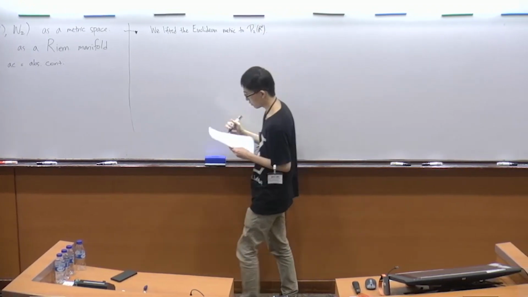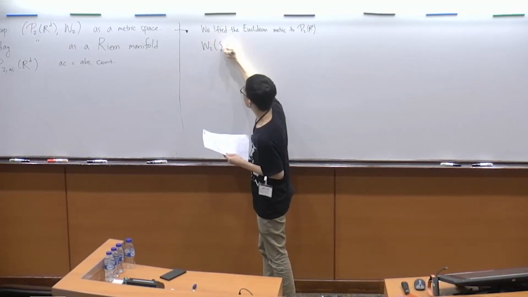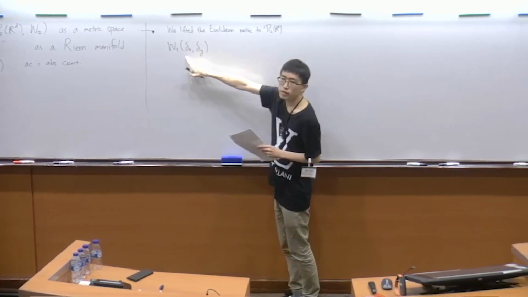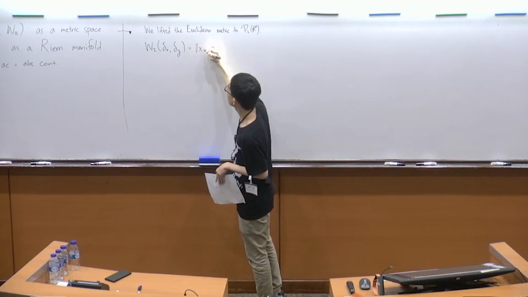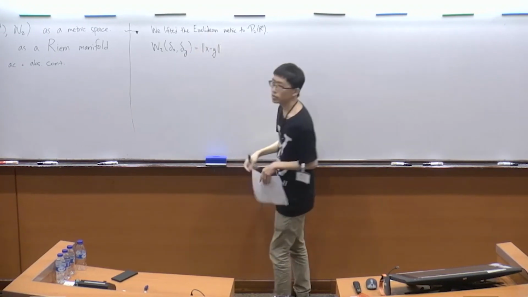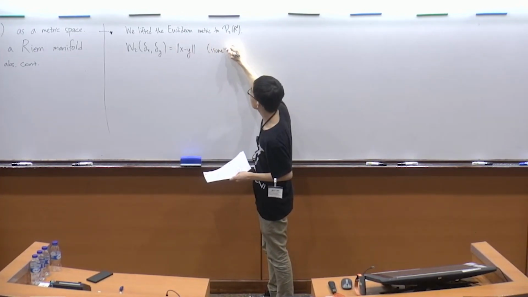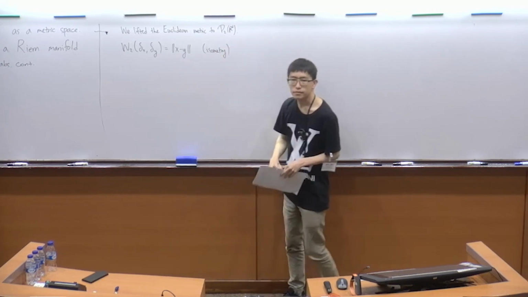Here's an example of an instantiation of this. If I compute the Wasserstein distance between a Dirac measure centered at x and a Dirac measure centered at y, then you can check that this is just the Euclidean distance between the points x and y. In particular, this tells you that Euclidean space is isometrically embedded in the Wasserstein space.